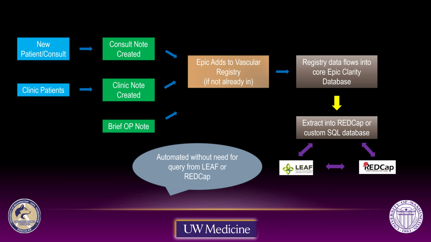And then Epic essentially flows into REDCap, which is basically a SQL database that is created with all the fields that we set up ahead of time. Through all this, we're able to collect all the data that we wanted to. Everything is done automated behind the scenes. I'll go through the process and show you guys that. Essentially, at the end of the day, we would be able to collect all the data without having to have someone manually enter it.